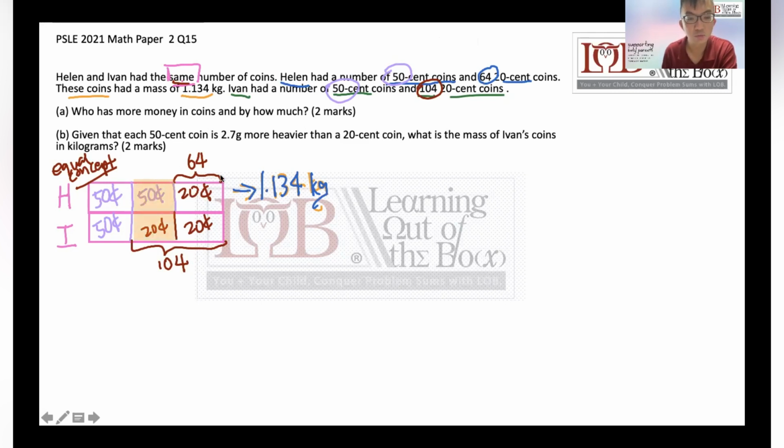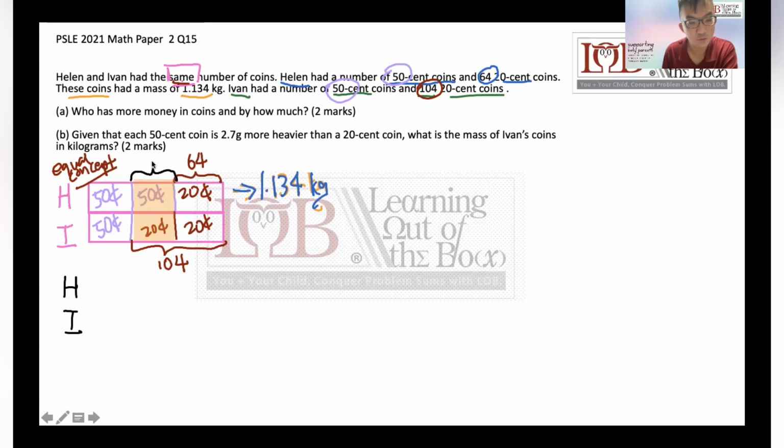So the rest are all the same. So let's take out what we have. Let's draw again to make it easier for some kids who need to just compare the orange box. So we have H. Again, I'm not very sure whether what I'm doing is correct, so we just have to try.